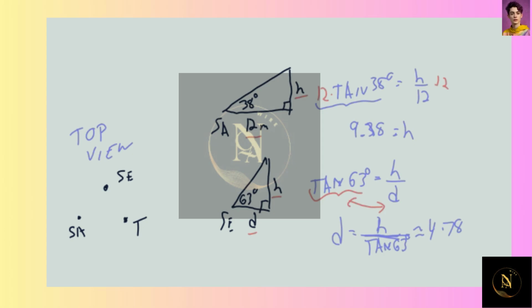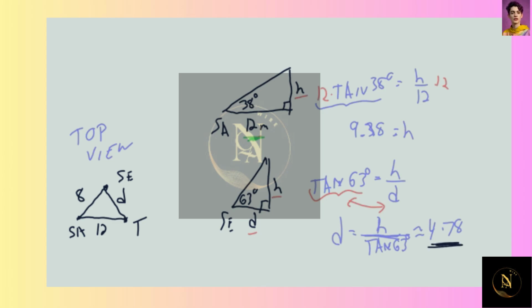Okay, and we're told that Seth is 8 meters from Sarah. We know that Sarah is 12 meters from the pole, so let me put 12 down here. And then we just found this distance here, d. So again, I'm going to put d here because I'm going to operate with d. We just found our distance.